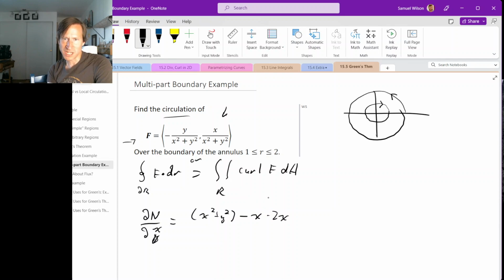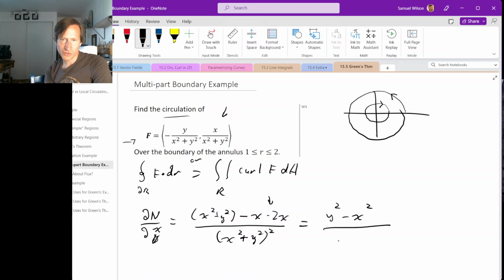That's a multiplication, not a minus right there. All over x squared plus y squared, squared. So this is going to be x squared minus 2x squared, which is minus x squared, and then plus y squared, all over x squared plus y squared, squared. Okay, so there's partial N partial x.